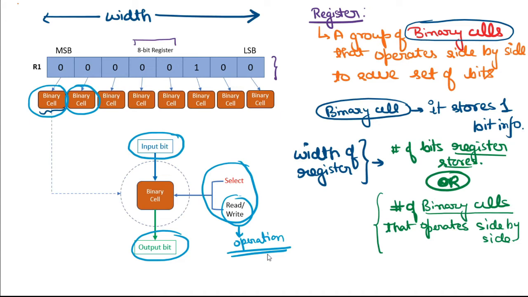Now the question comes: if they are independent hardware units, how are they grouped together as a register? This is a common question. How do they work together as a register? Let me use another page here. Let's consider binary cells 4, 5, 6, 7, and 8.